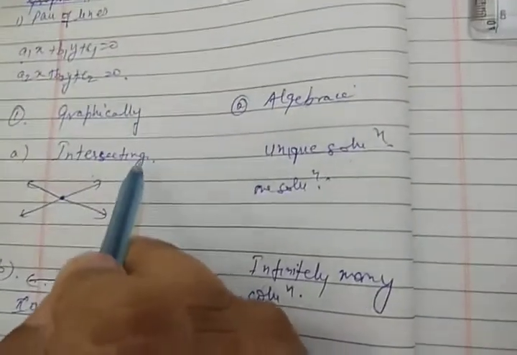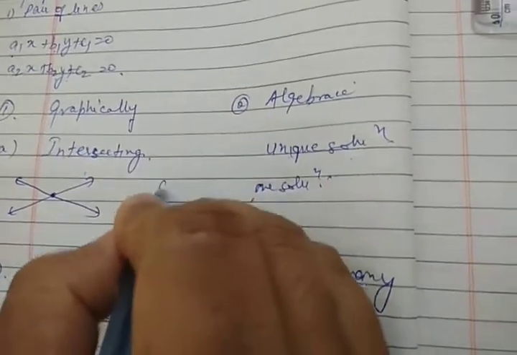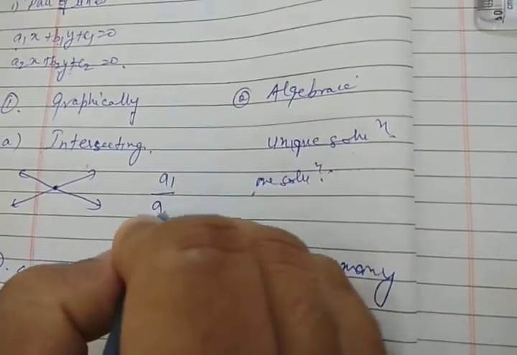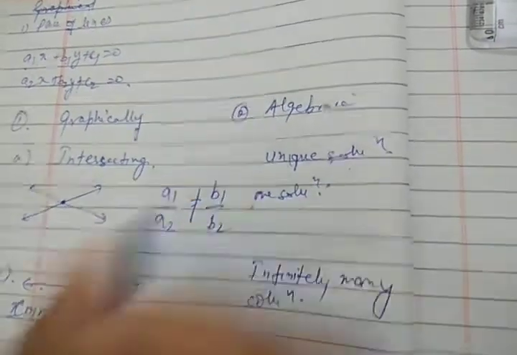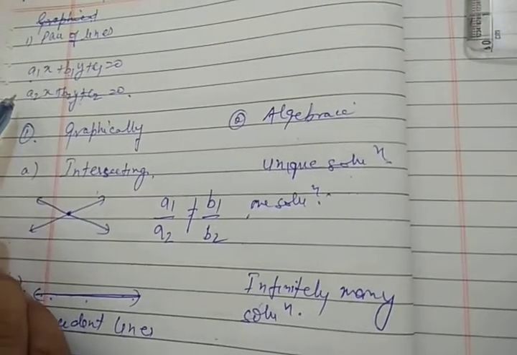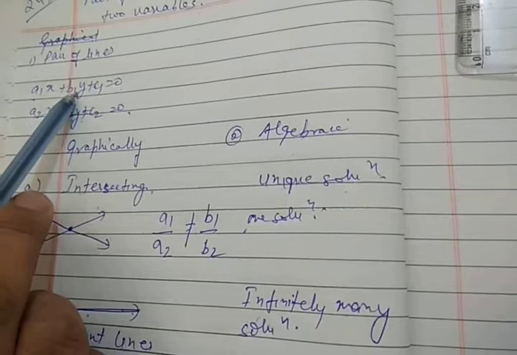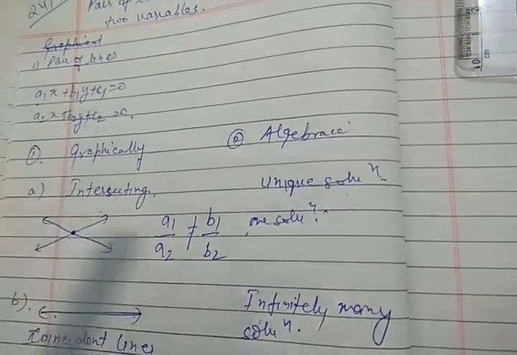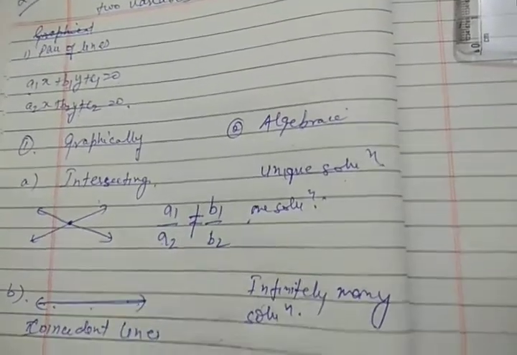So, the first condition, for intersecting lines, or unique solution: a1 upon a2 is not equal to b1 upon b2. That means the coefficient of x divided by the coefficient in the second equation, and similarly for y, the ratio must not be equal.